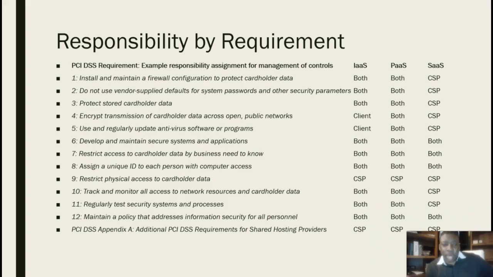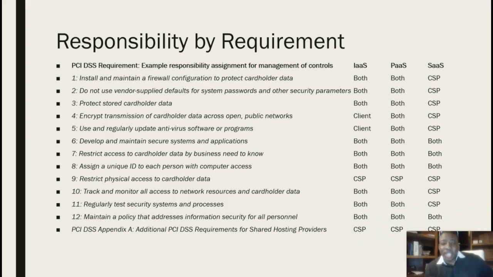Let's take requirement 3, to protect cardholder data. So this requirement is centered around encryption of data at rest. The cloud service provider can provide this under IaaS and PaaS, right? It is their responsibility to provide the encryption technology, but the client must verify keys exist and they adhere to the standard of the rotation of those encryption keys. So if you're doing PCI, you understand what I just said.